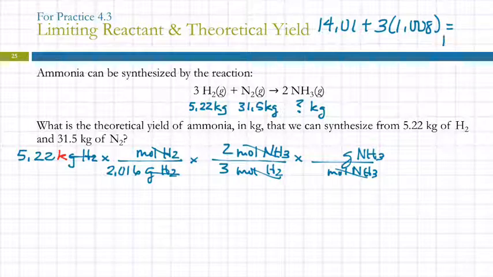So 17.0, it's actually 034. 031. See, now that's going to bother me because I somehow think there's supposed to be a 4 in there. I get, with 1.008, I get 17.034.